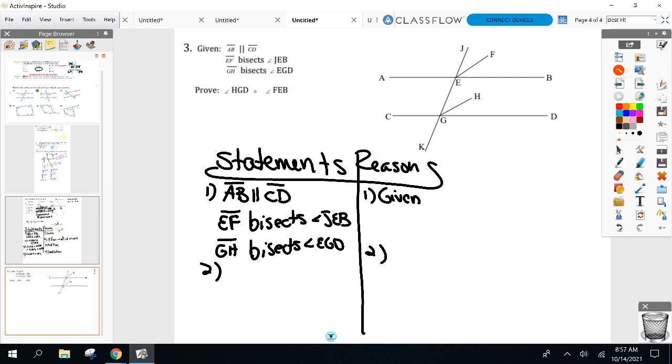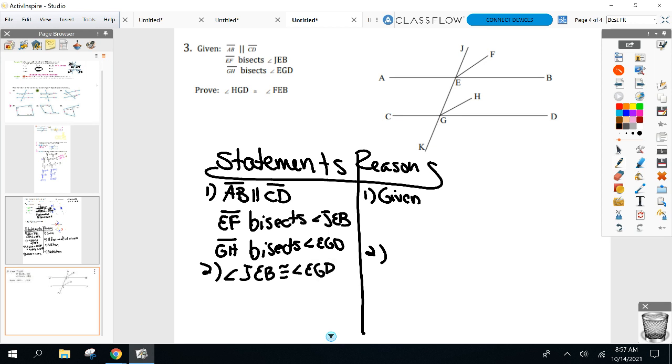Aren't they corresponding? JEB and EGD? All right, so what do you know about them then? They're congruent. Those are your congruent quantities. What you're going to take half of needs to be equal before you use halves of equal quantities. JEB is congruent to EGD.